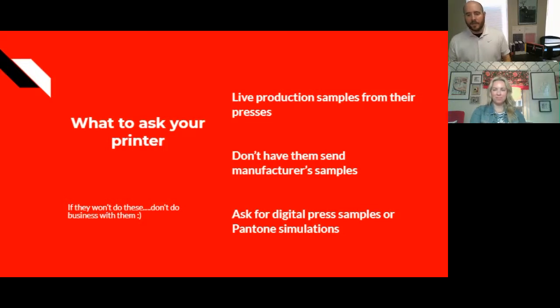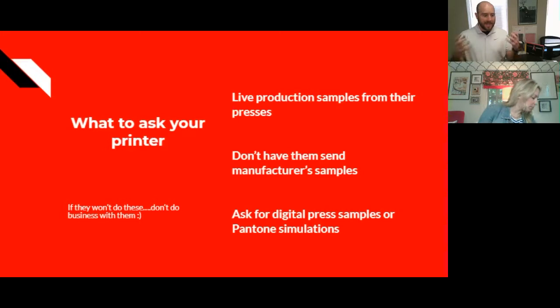Have a printer show you previous jobs they've done on that device, on that paper, what have you. And then ask for what we call digital press proofs, or digital press samples, and even Pantone simulations. A lot of times when we're doing jobs on our digital devices, we can set up the machine pretty quickly.